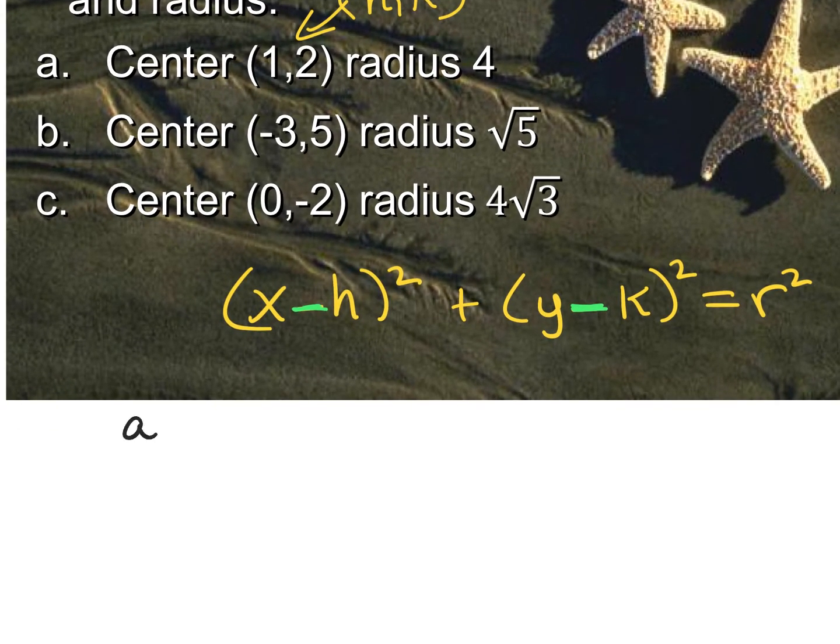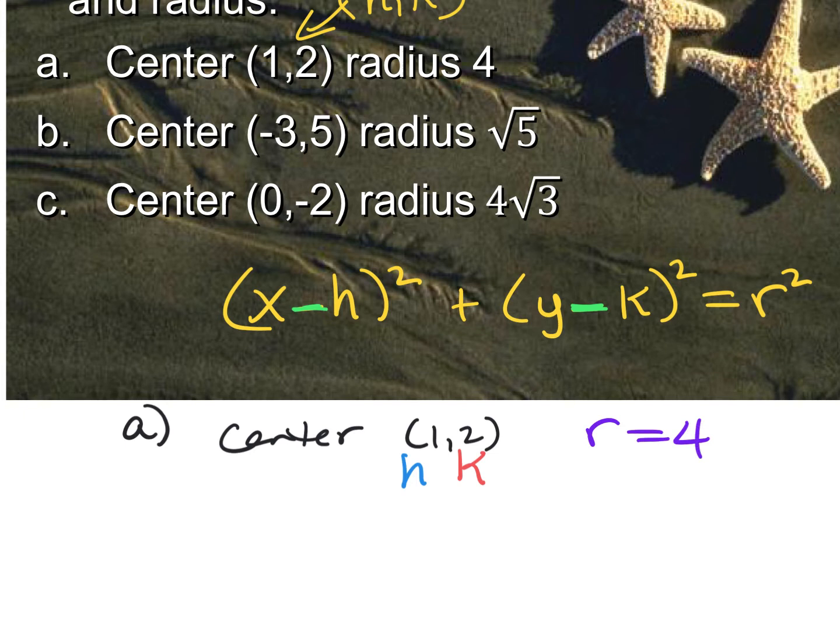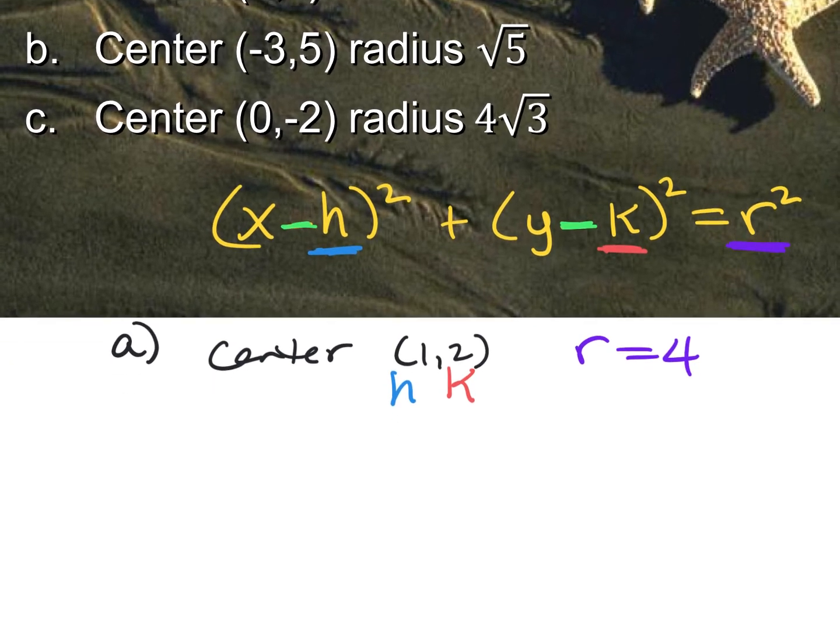Part A, given the center is 1, 2. Again, remember this is h, this is k, and then we're going to plug in also the radius, which is 4. So I'm going to put the radius right there, the r. h goes here, k goes here. So we're going to fill it in. So it'll be x minus my h, which is 1.